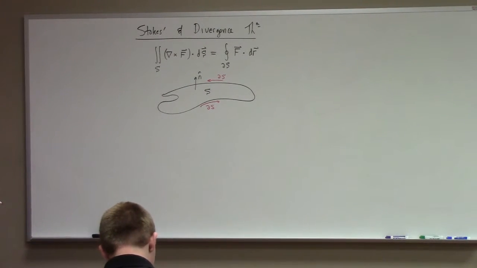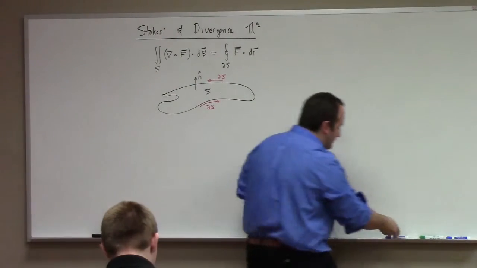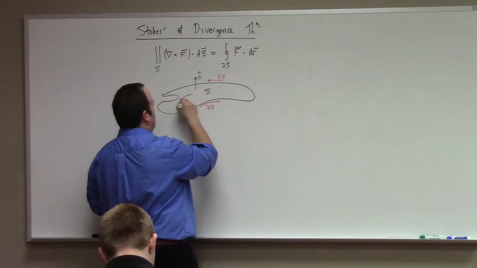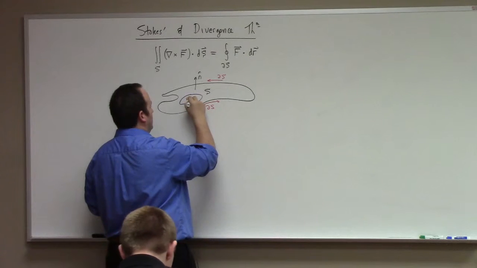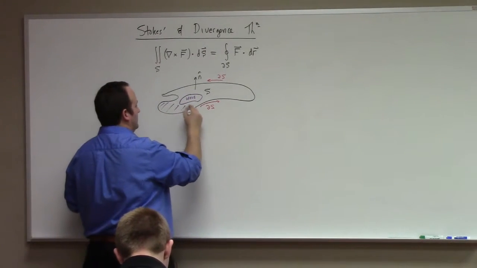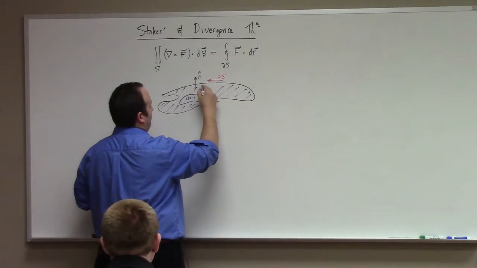Now, before the break, we even talked about the case where S had holes in it. You can actually still write the same theorem, but what's the understanding? If there was a hole like here, S was in between the outer boundary and the inner boundary.